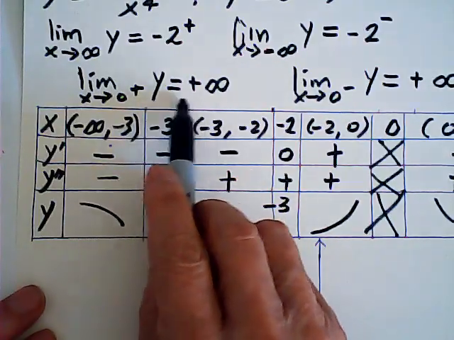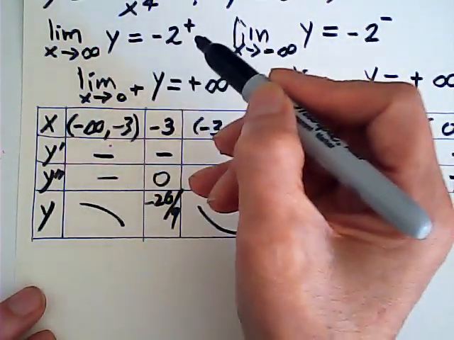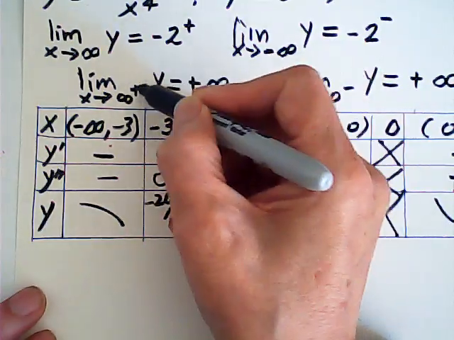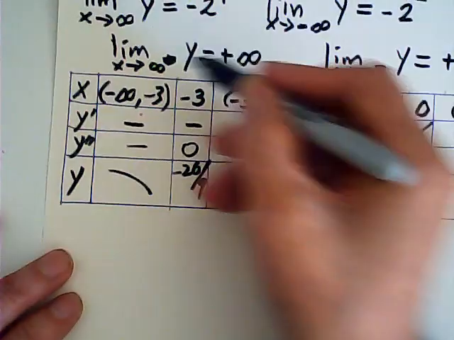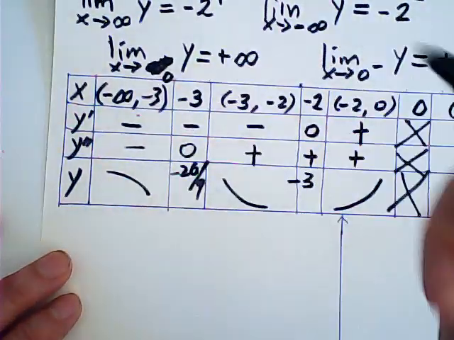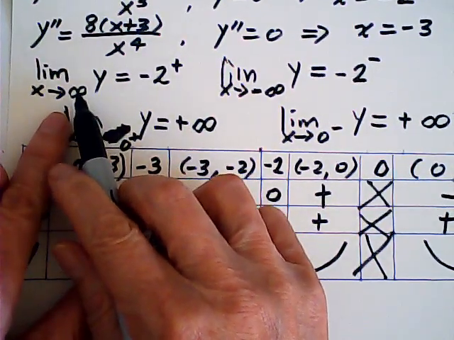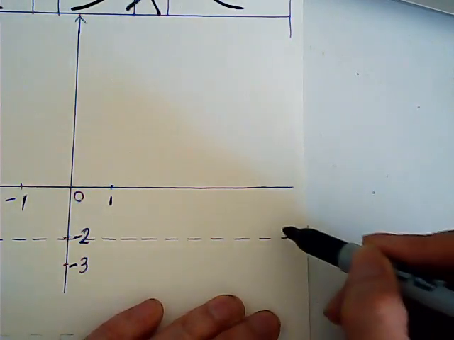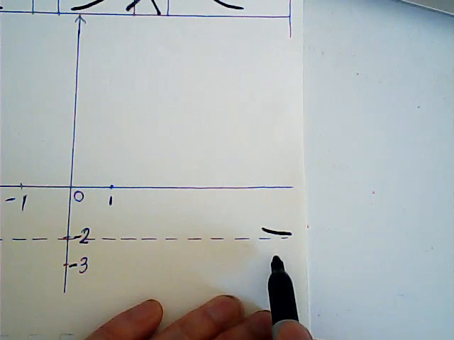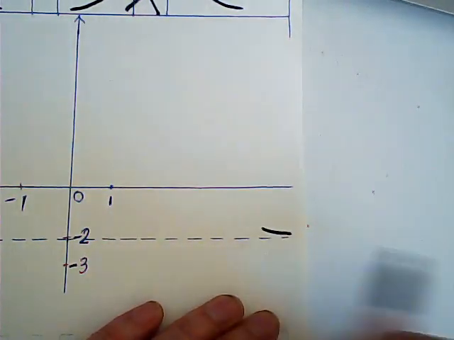When x is positive infinity, y is approaching 2 from above. So it looks like this, 100 miles from here, far away.